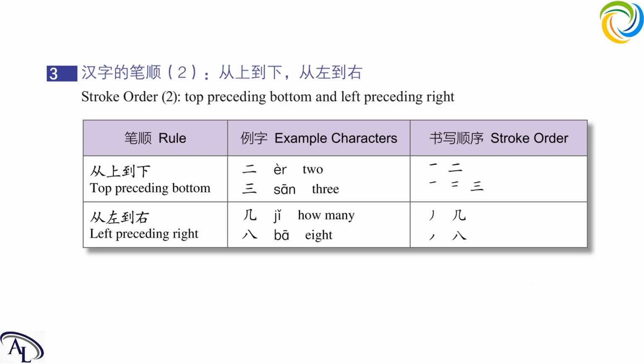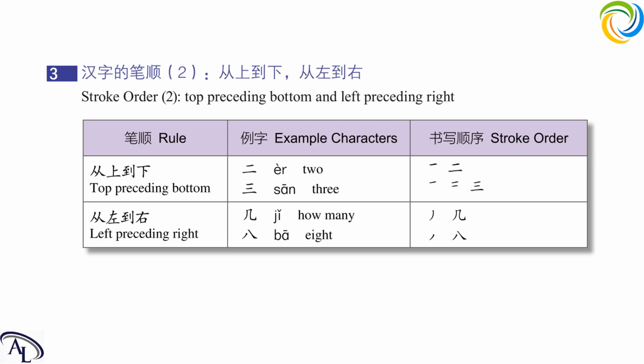So top to bottom, first like 二, which means 2. It is top to bottom. And when I want to write this character 三, 3, it is still the same, top to bottom.